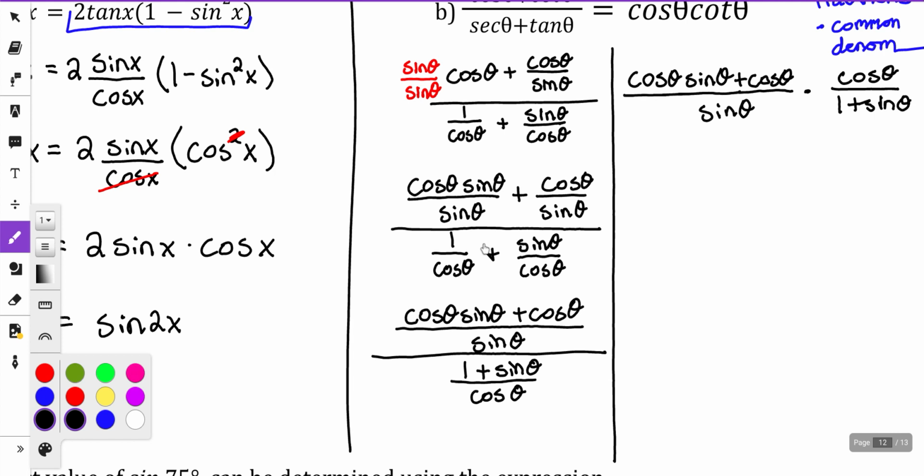On the top, yep, we're definitely going to need to do that. Yeah, and you could have done it before and it would not have been wrong.